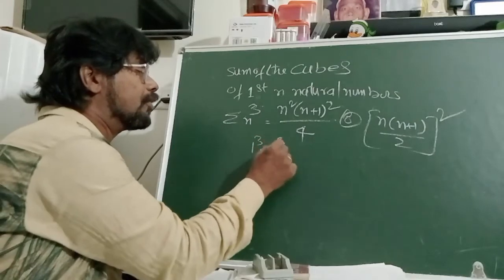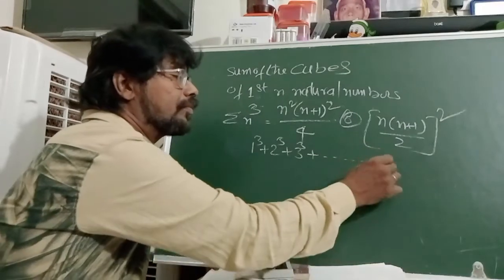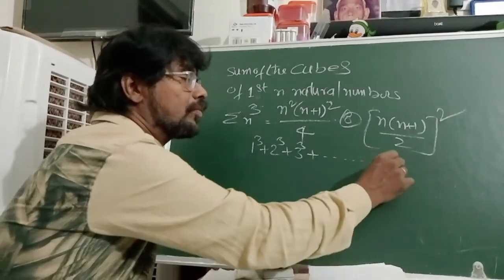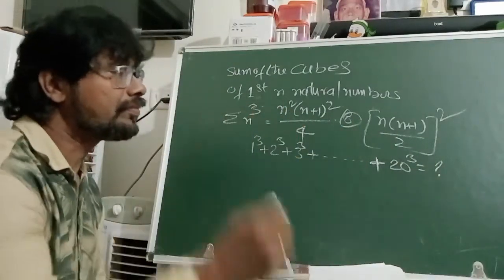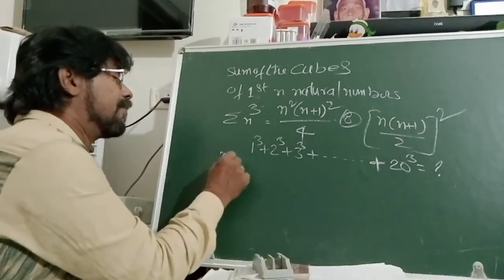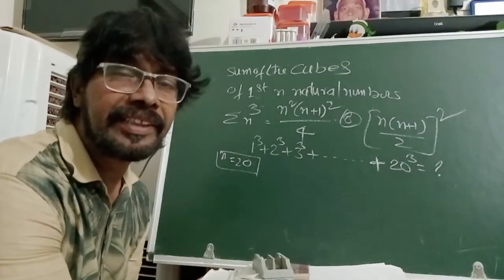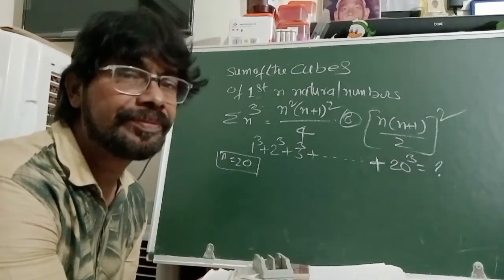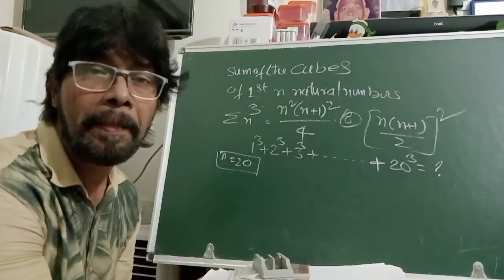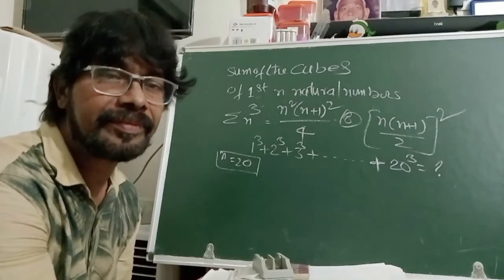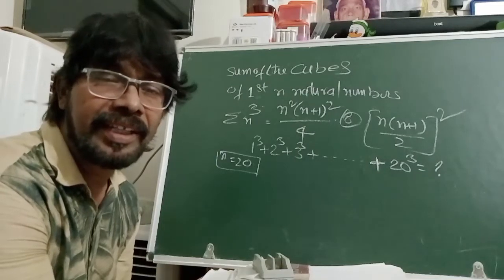1 cube, 2 cube, 3 cube, up to 20 cube. How much? Here n is equal to 20. The formula is n square into n plus 1 whole square by 4, or n into n plus 1 by 2 whole square. That is the formula for finding the sum of the cubes of the first n natural numbers.